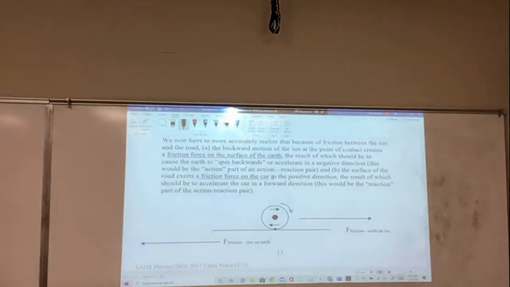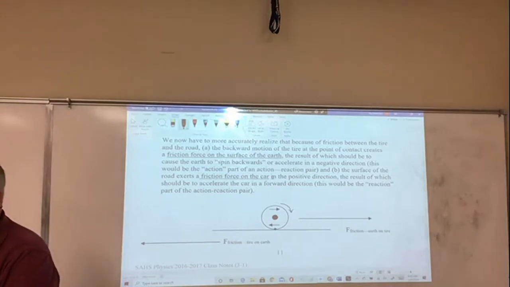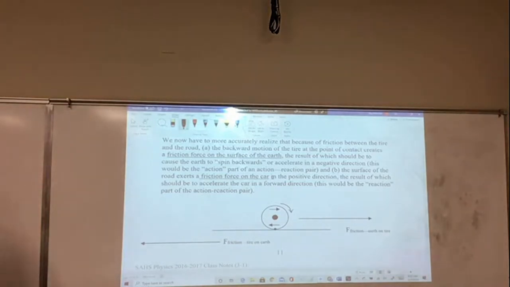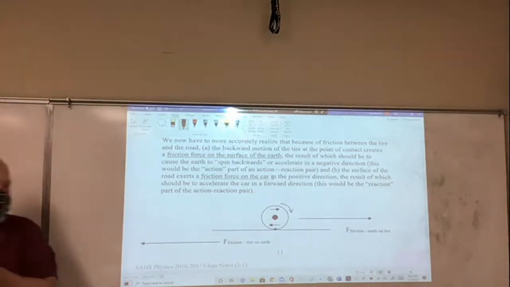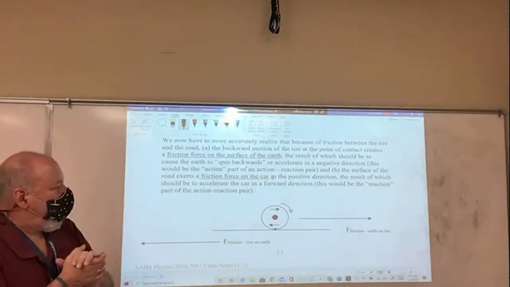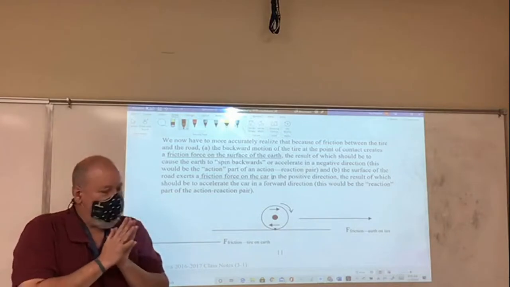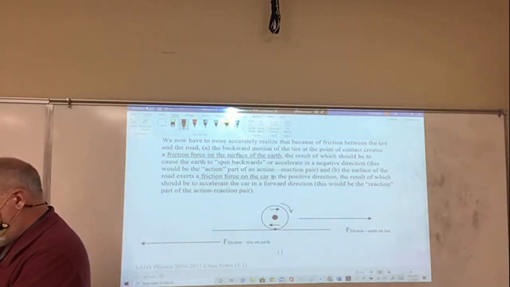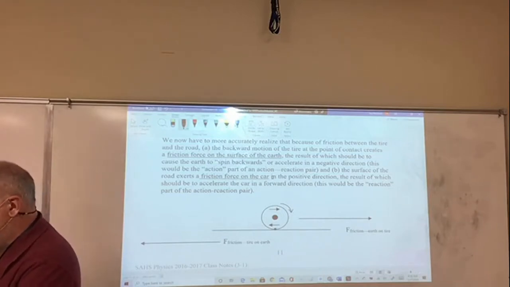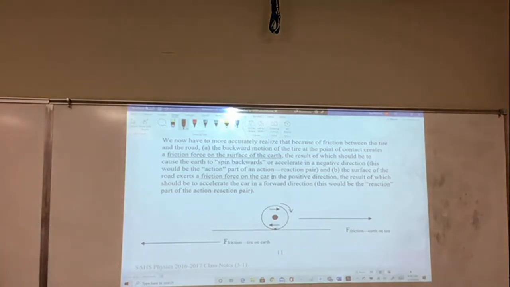In any situation where motion occurs related to a force that's exerted on a surface, whether it's a bicycle or a train or running or anything like that, we're creating a force on the surface due to friction, and the surface is creating an equal and opposite force on us.